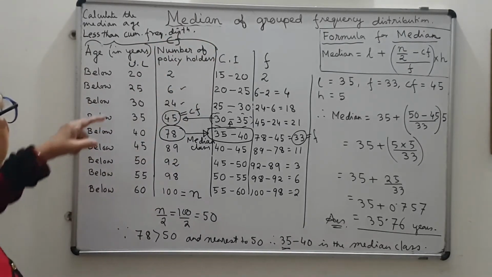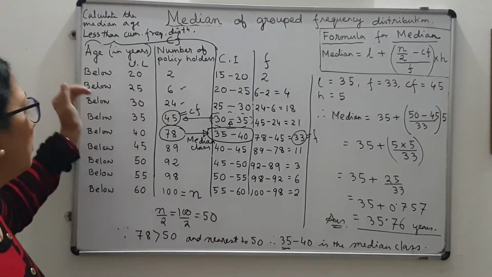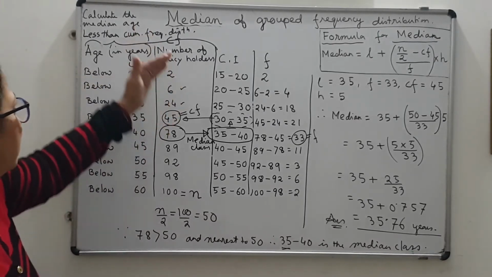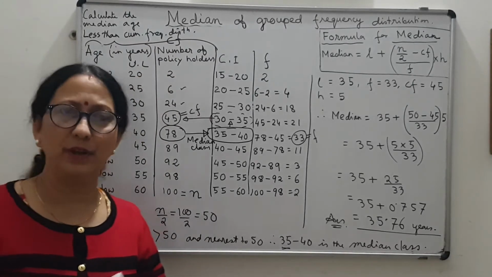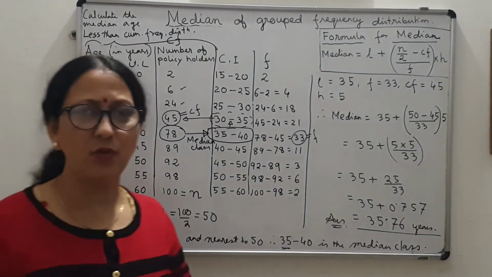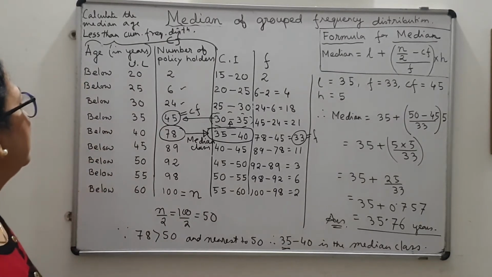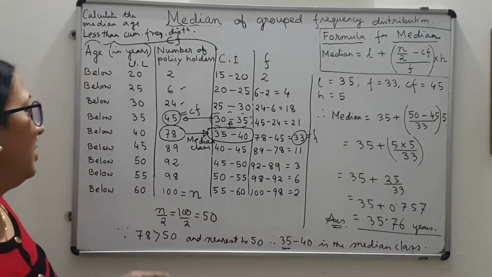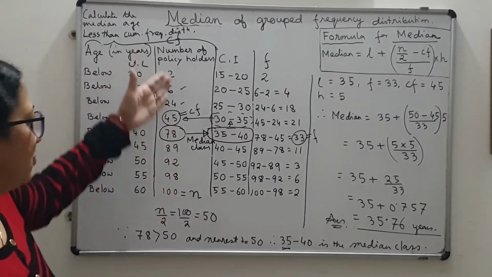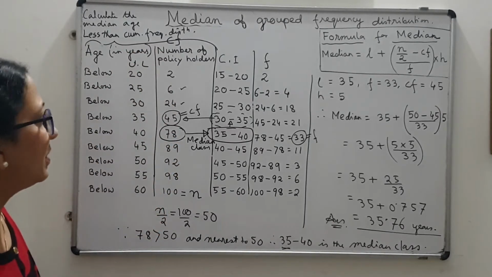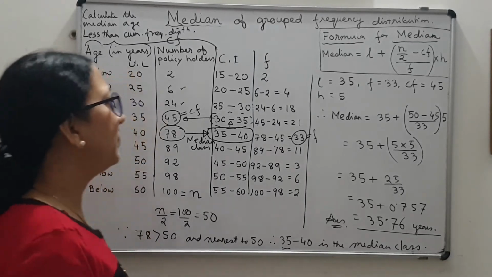When we are considering the upper limits, less than upper limit or below upper limit, then this is called the less than cumulative frequency distribution. There is another type of cumulative frequency distribution which is known as the more than frequency distribution, where more than the lower limit will be taken. So in that case, these values will be different. We'll discuss it in a different class, a different video.